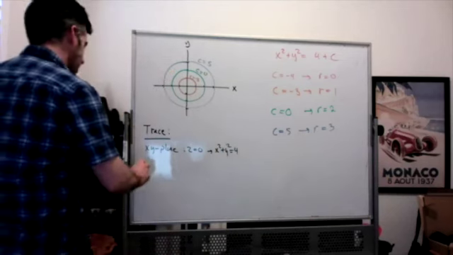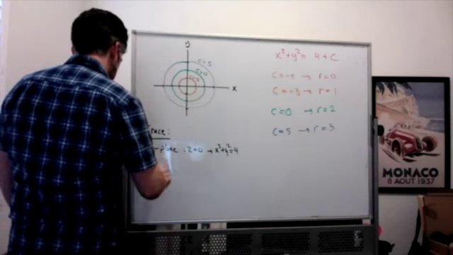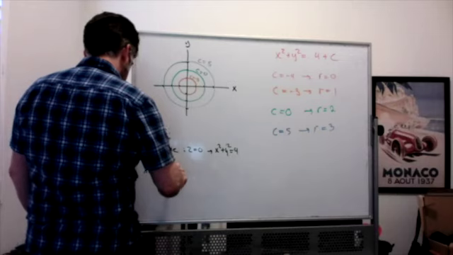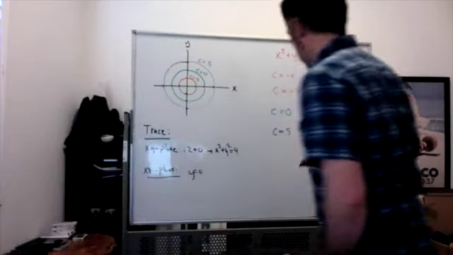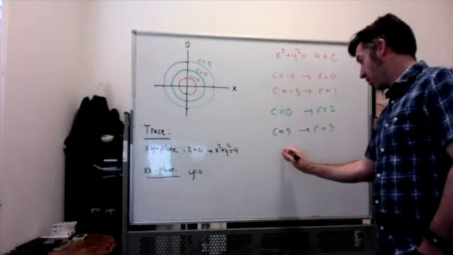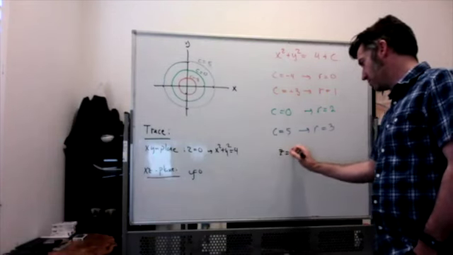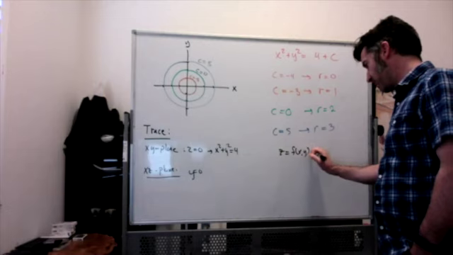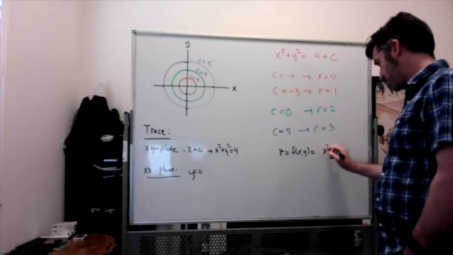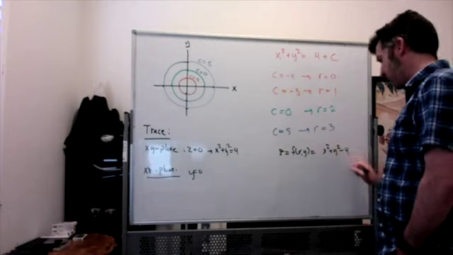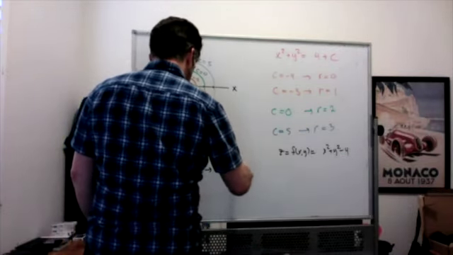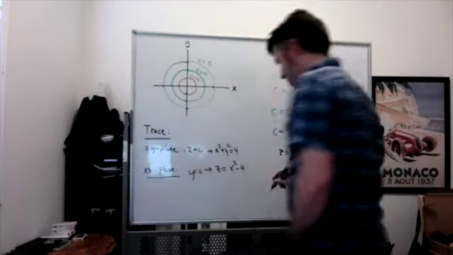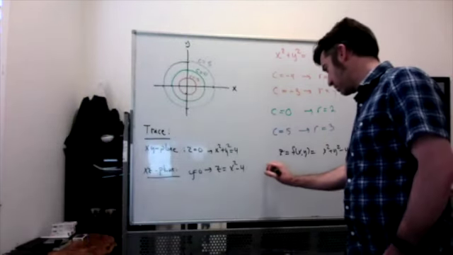If we look in the xz plane, so if we set y equal to 0, let me write our equation again: z equals f of xy equals x squared plus y squared minus 4. Setting y equal to 0, I get z equal to x squared minus 4, which is a parabola that opens upwards.